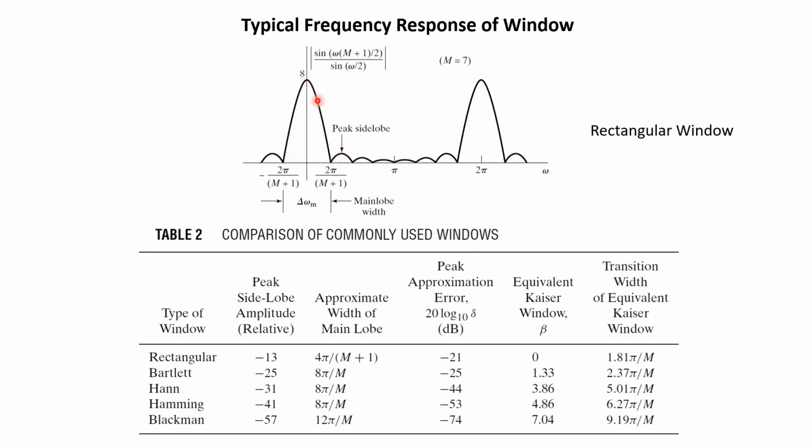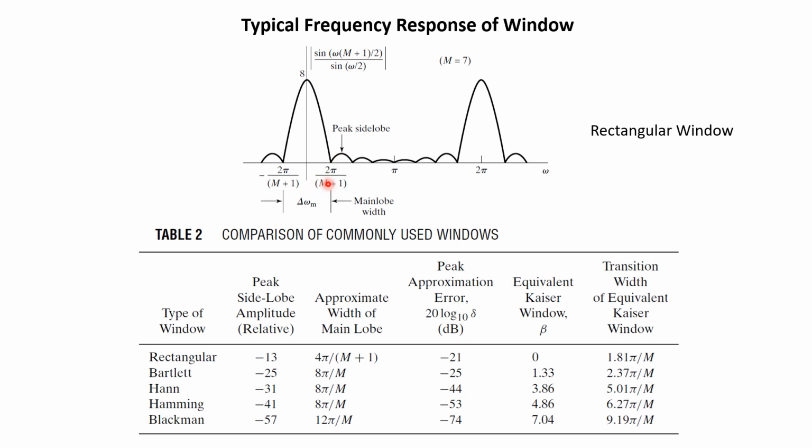It has the maximum amplitude, okay, and then these will be called the side lobes. So this is your first side lobe, then the second side lobe, and so on, right? So this is our main lobe width, including the negative frequency and the positive frequency, right?